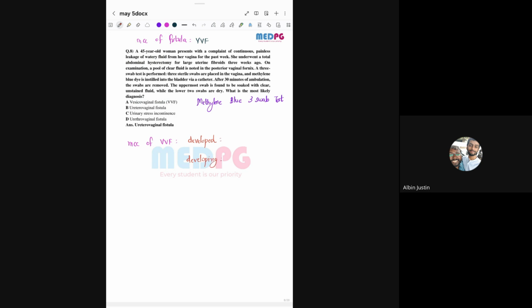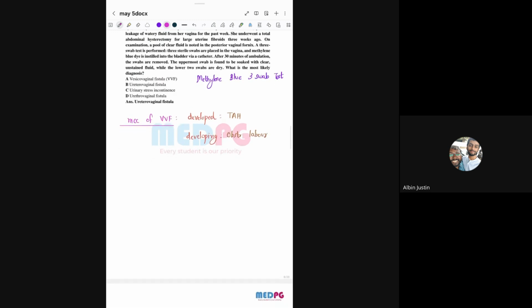In a developed country, it is TAH, total abdominal hysterectomy, whereas in developing countries, it is obstructed labor. The investigation of choice is the methylene blue 3 swab test. And what is the gold standard investigation for VVF?